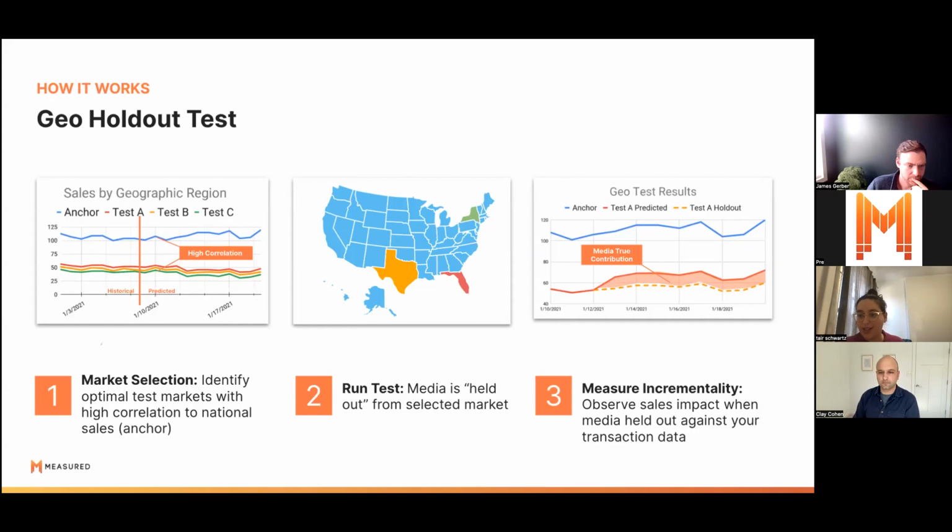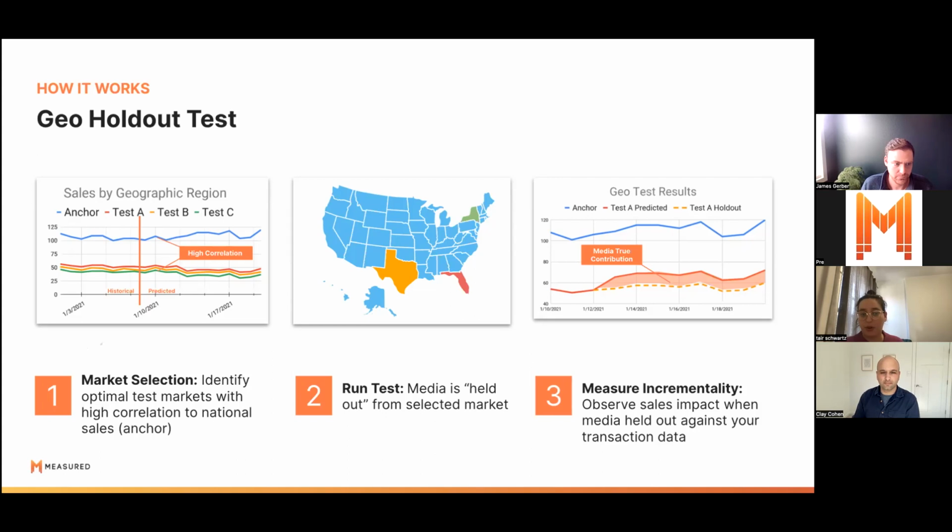Your geotesting is only as good as your market selection. If you don't have good market selection, then you will get noisy results. So this is done by analyzing training data of 1 to 2 years. What we aim to do is set the anchor markets and then find markets that are highly correlated to those anchor markets. And those would be the test markets.